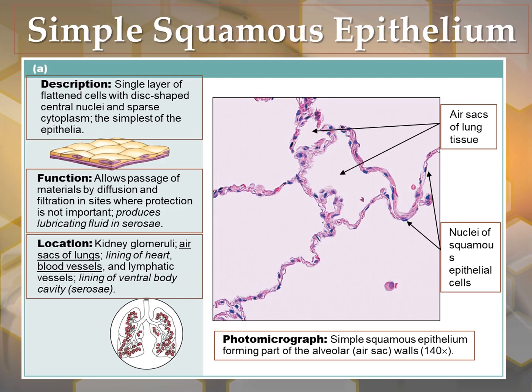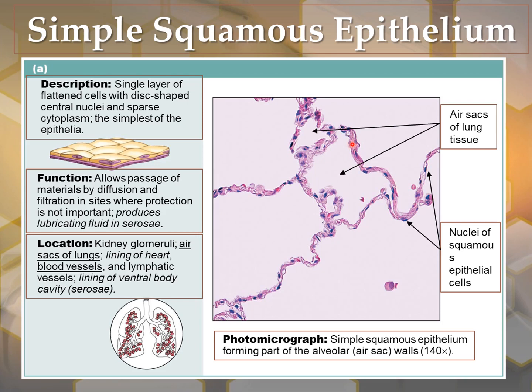So where might we find this tissue? Well, we find it in the kidneys, in the glomeruli, okay? But this picture is of an air sac in the lung. So here is one air sac of the lung, or one alveoli. And so it's going to line that air sac, okay? And what did we say happens in the respiratory system, in the lungs? We're going to get all this gas exchange, right?